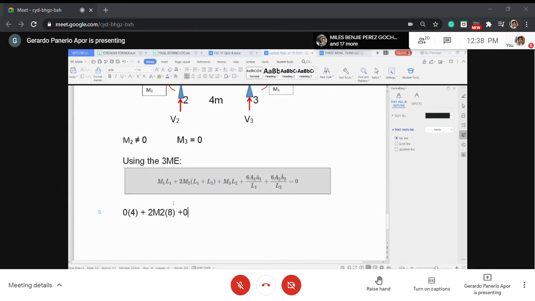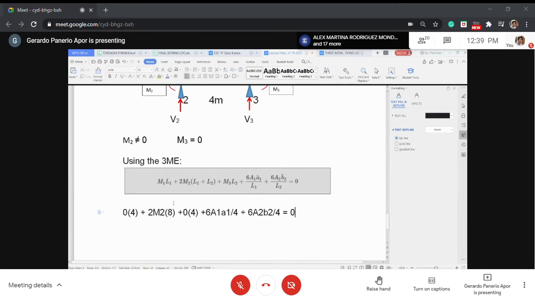Plus 0 again times 4. There is a plus, no? So plus 6A1 x̄1 divided by L1 plus 6A2 x̄2 divided by L2, equated to 0.